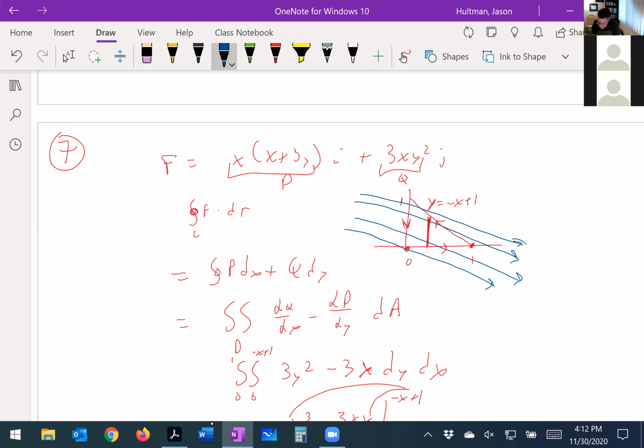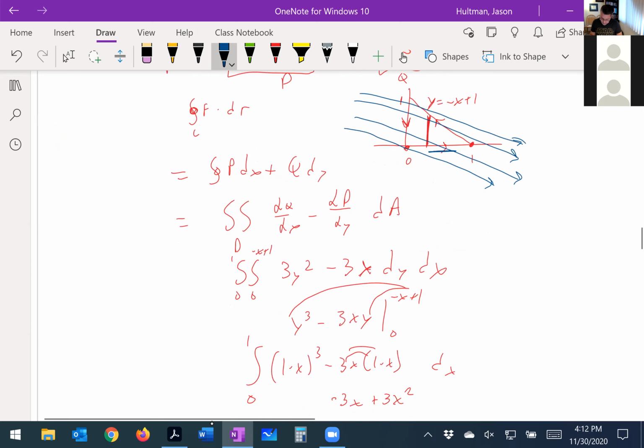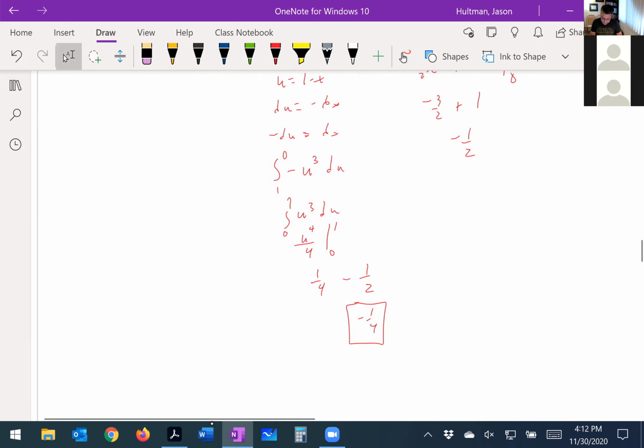Maybe it's positive in this direction, but then we're moving against in this direction, and then against in this direction. And so we're moving against the flow of water, say it's water. We're pushing against it, and so work ends up being negative.